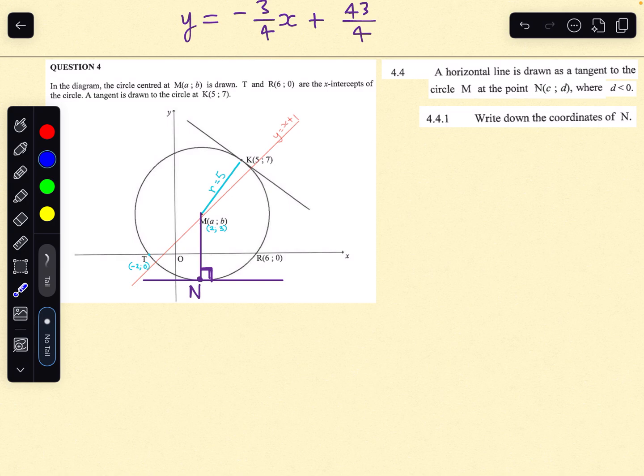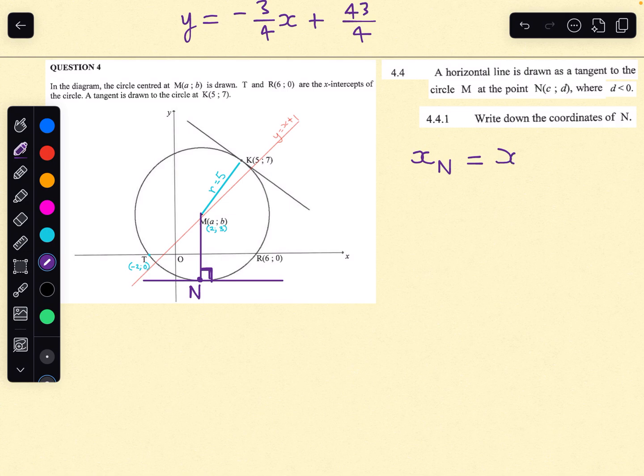Meaning that the coordinates of N, we don't know what the y coordinate is, but we do know that its x coordinate is exactly the same as M. So the x coordinate of N is the same as the x coordinate of M, because MN, again more specifically, the radius MN is perpendicular to the tangent at N, right?